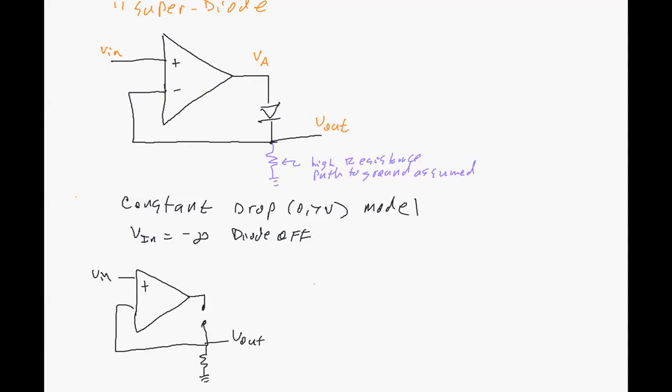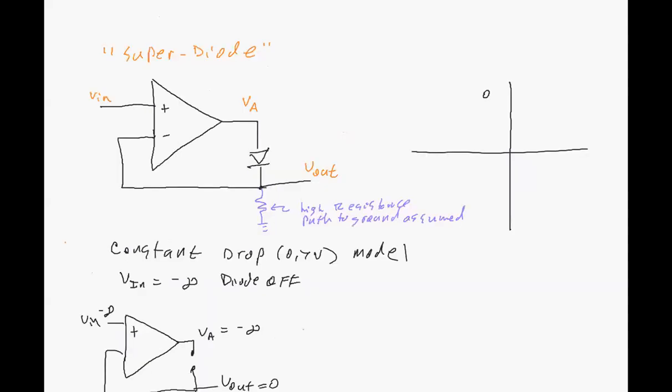And without that there, we would have VA equal to minus infinity here, and we would get an output of 0. So if I draw the transfer characteristic, for minus infinity we have an output of 0.